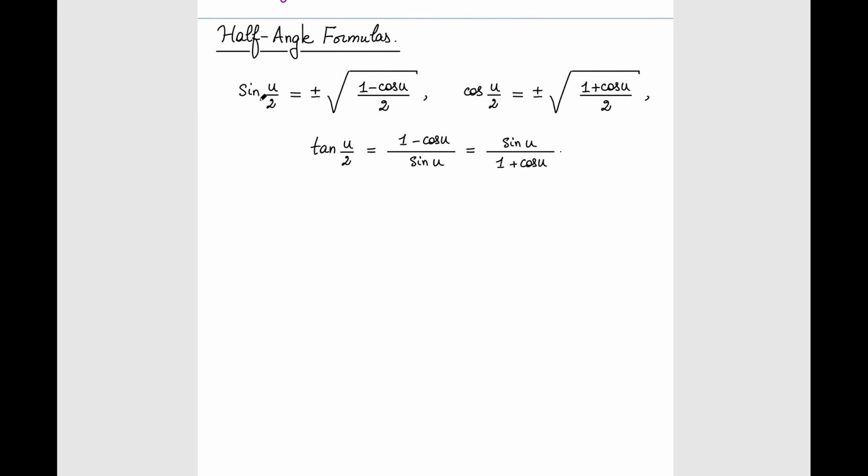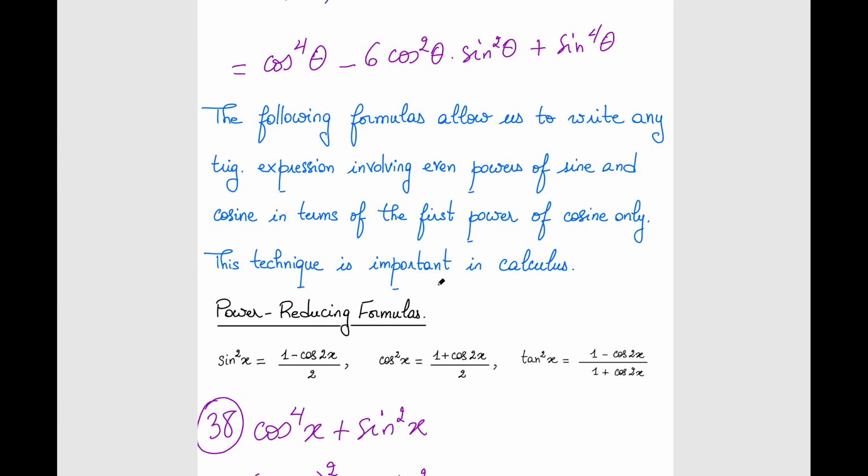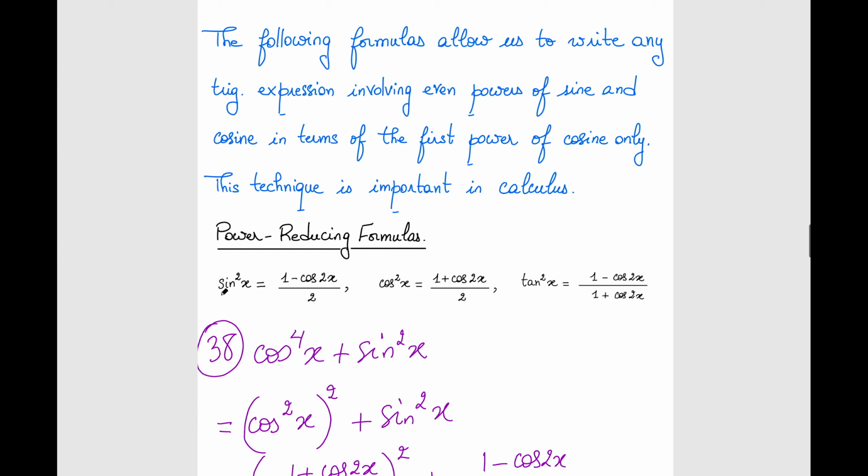So where do these formulas come from? Well, they come from the power reducing formulas just above. Let me take you back to the power reducing formulas. Right here. You see this?